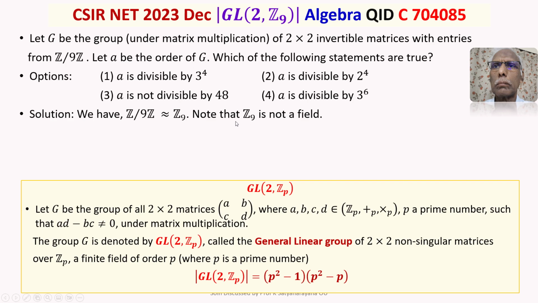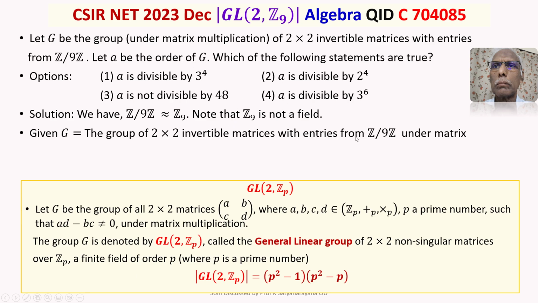Therefore, given G is the group of 2 by 2 invertible matrices with entries from Z9 under matrix multiplication, that is GL2 comma Z9. But 9 is not a prime, therefore you cannot make use of this formula. This formula will not work.